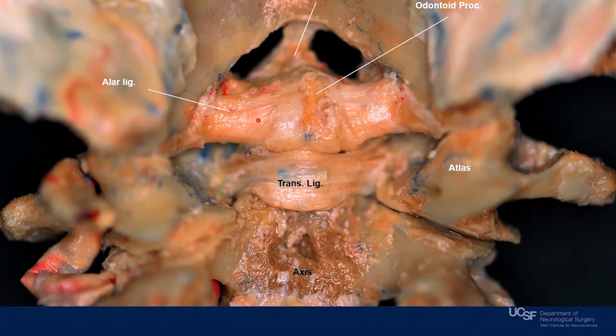Superiorly, we see the alar ligaments that have insertions at the posterior lateral aspect of the odontoid process and draw laterally to the medial surface of the occipital condyles. Anteriorly, we see the apical ligament that attaches superiorly to the basion, or the anterior edge of the foramen magnum, and it merges with the superior longitudinal band as well as the anterior longitudinal ligament.